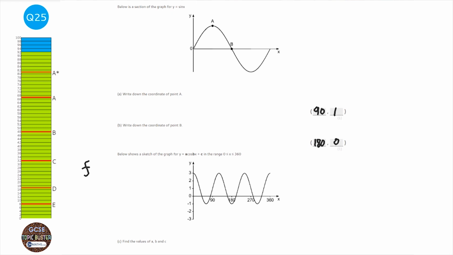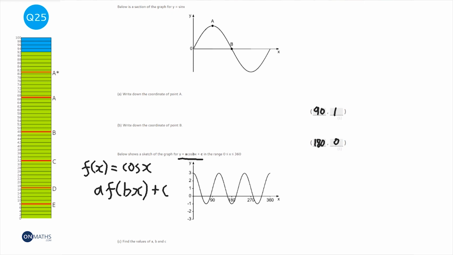If you imagine there's a different graph of f of x equals just cos x, what's happened with this equation here? Well, we have x times by b inside the function, and then we've times the function by a, and then we've added c on the end.